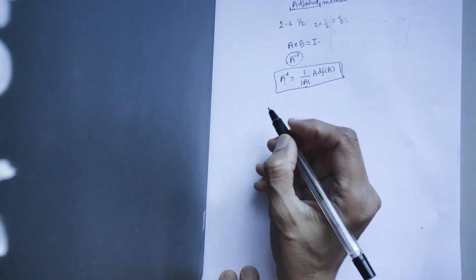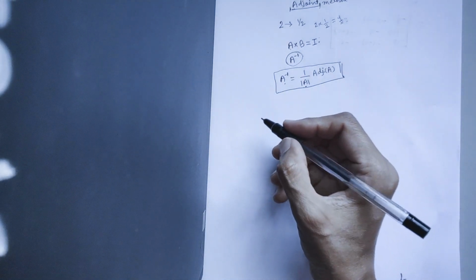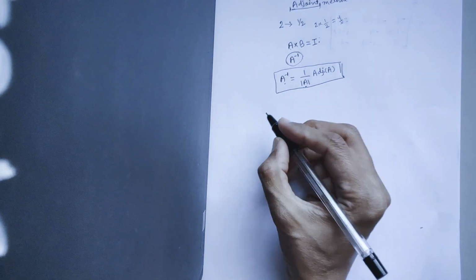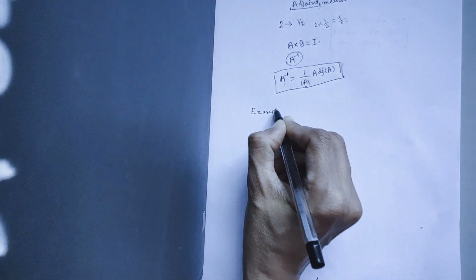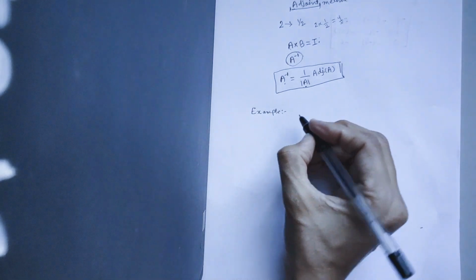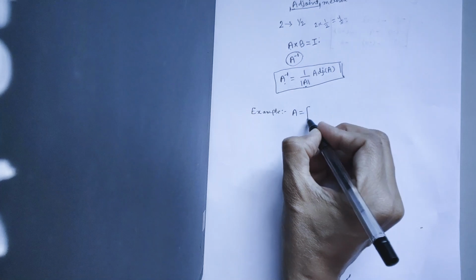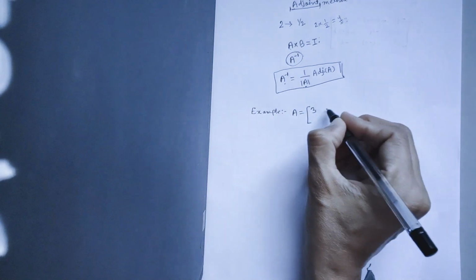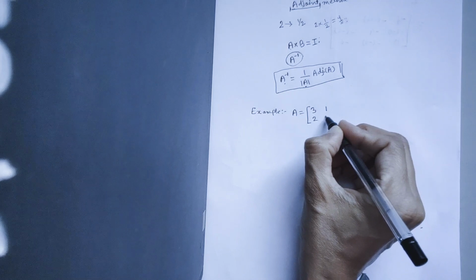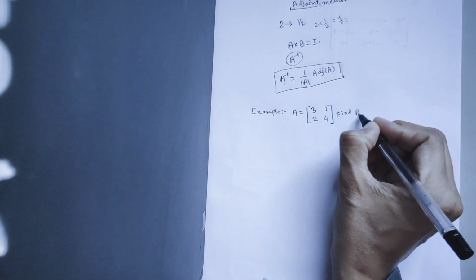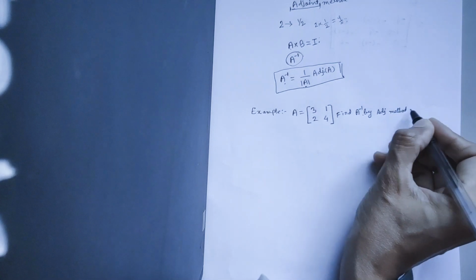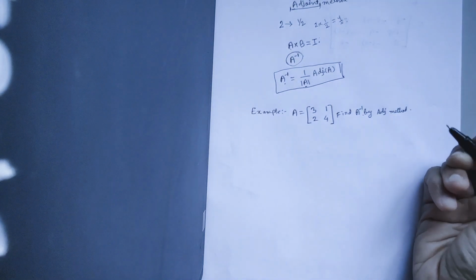Example I am writing here. First we will see with a 2 by 2 matrix. Example: if A equal to [3 1; 2 4], find A inverse by adjoint method.